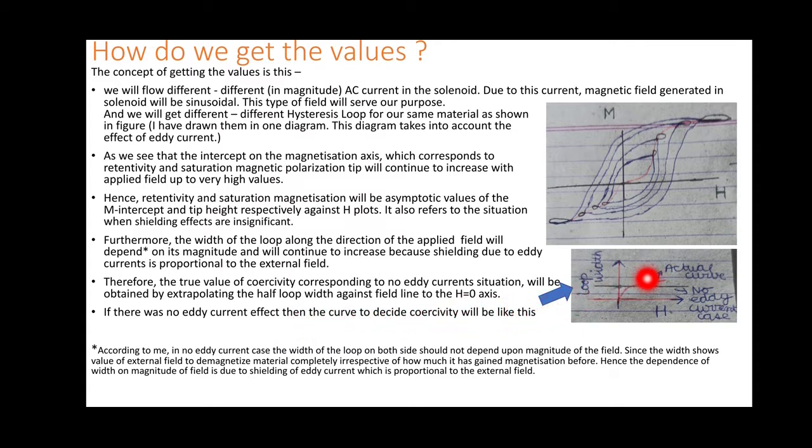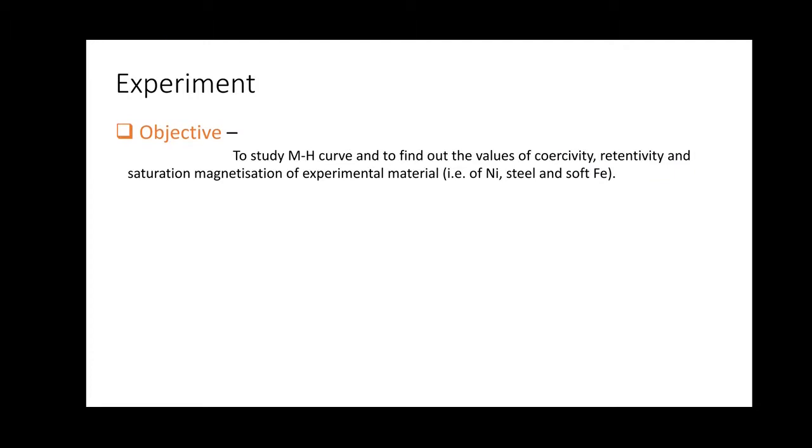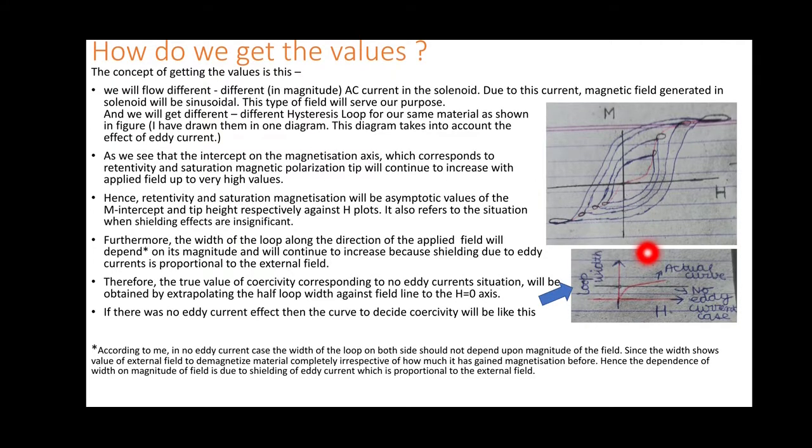So when we draw loop width versus H, we will get this type of curve, and we will extrapolate this curve to H equals 0, where we get the case when no eddy current appears.